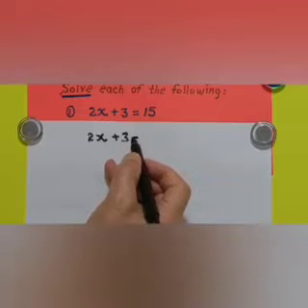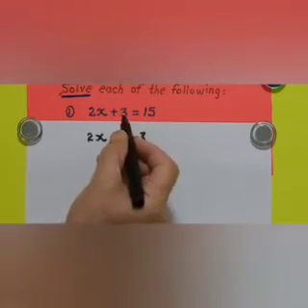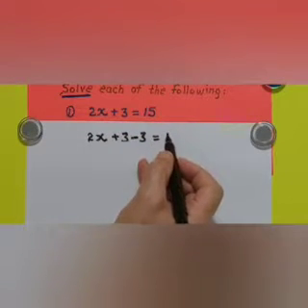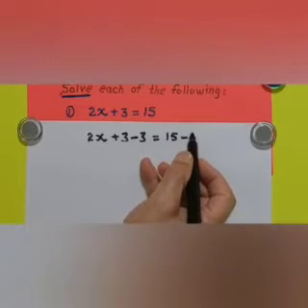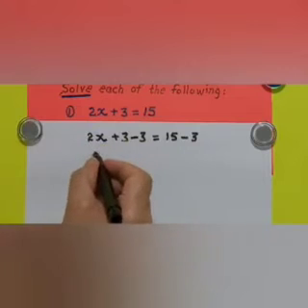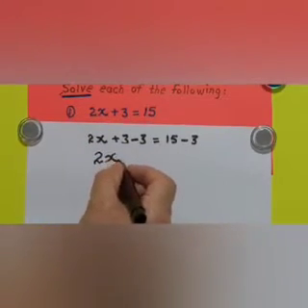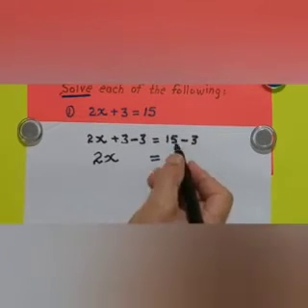We just add -3 after them on this side, and we will do the same thing on the other side. That means here we write 15 minus 3. So we write 2x on this side, and the other side gives me the result for this, which is 12.